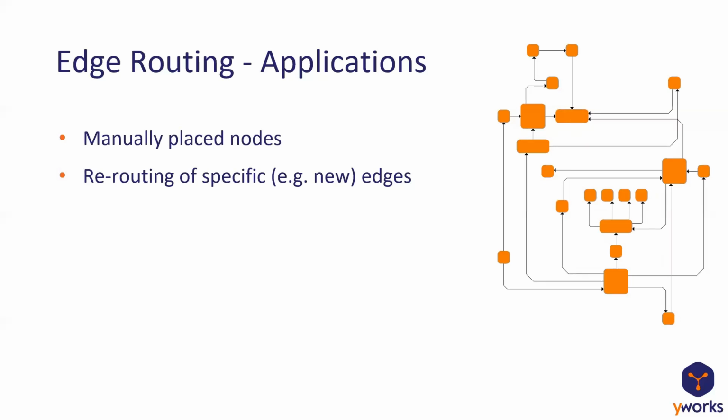Another application is if you want to reroute specific edges. For example, if you have an already good layout, everything is fine, but you insert a new edge, then not the whole layout should be changed, but only this edge might need to get a route. So you can tell the algorithm that it should only handle this single edge and route it.